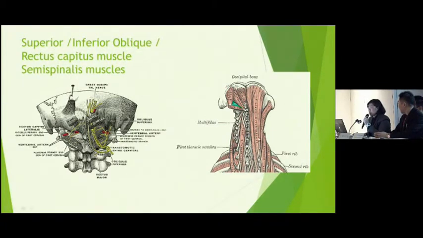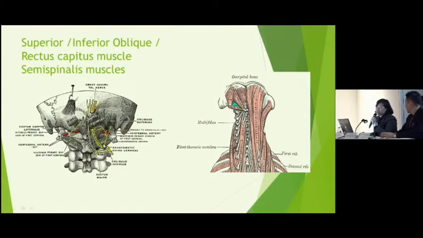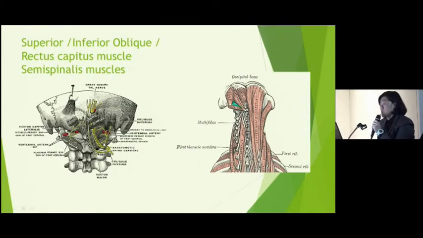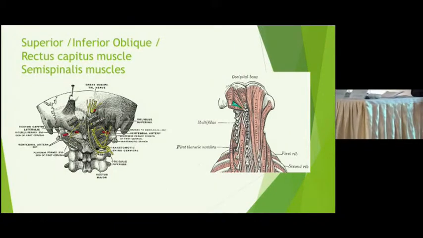Is it the semispinalis capitis muscle, or some other muscle or fascia that is impinging onto the nerve and causing an anatomical impingement of the occipital nerve? So without further ado, I'm going to go to this side and show you the live scan.